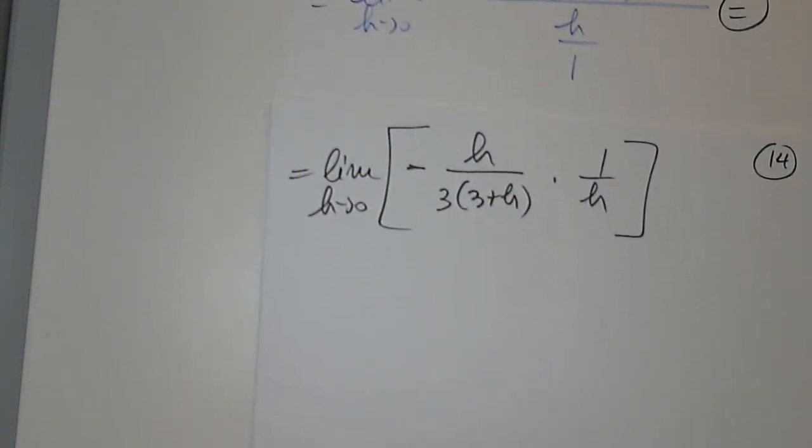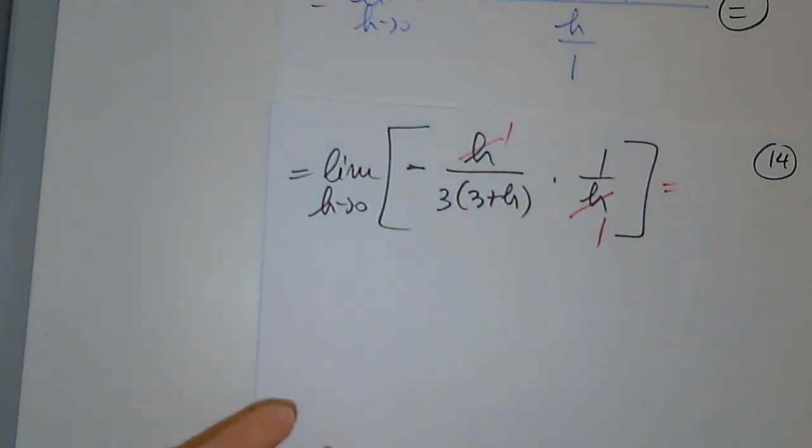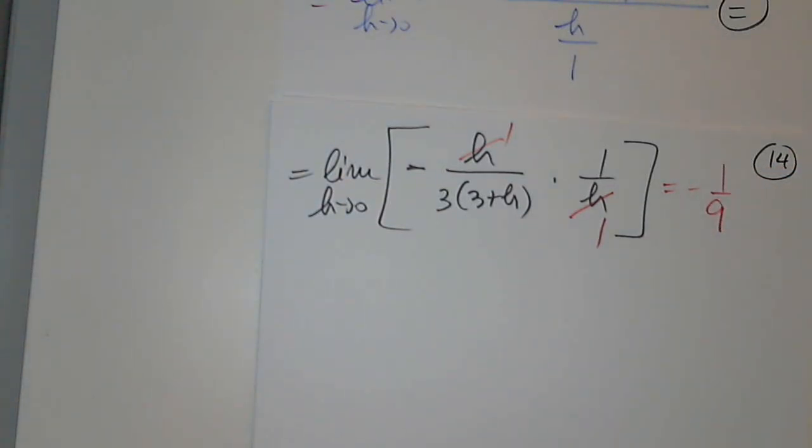Of course, this is the second step. What has to happen? Mandatory. Of course, they simplify. Good. Now, only now you can drop the limit operator. Only when you give me the final answer. Very good. As h approaches 0, 3 times 3, negative 1 over 9. Is that okay?